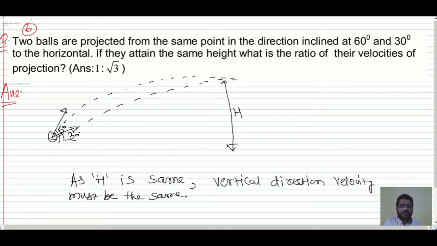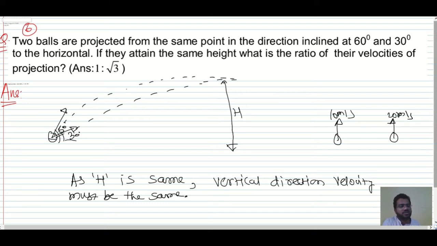Then and only then will they have the same vertical displacement, isn't it? So if I throw one ball with, suppose, 10 meter per second and the other ball with 20 meter per second, they will never have equal height, isn't it? Because the height depends only on the initial vertical velocity, right?